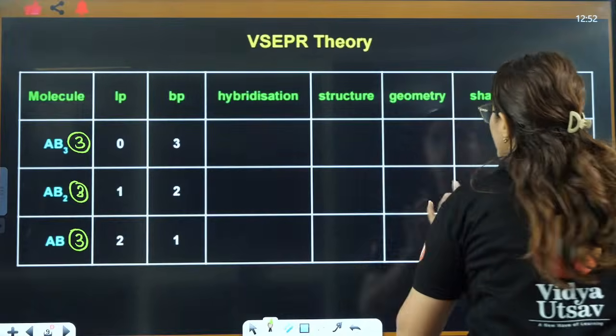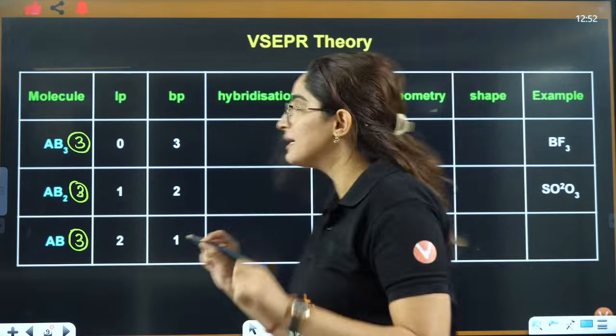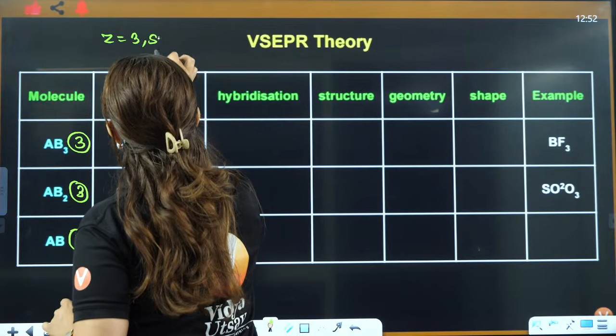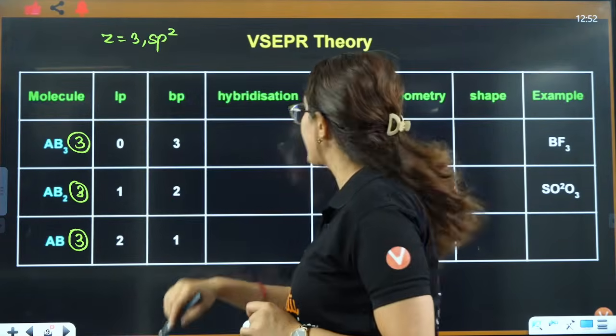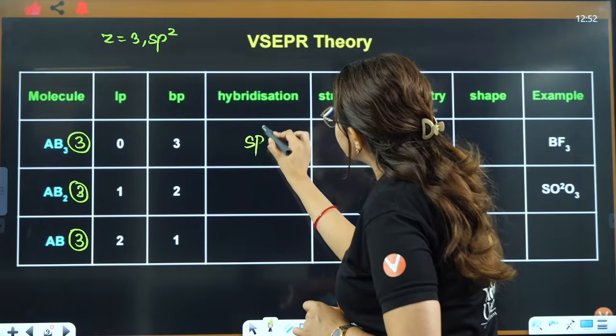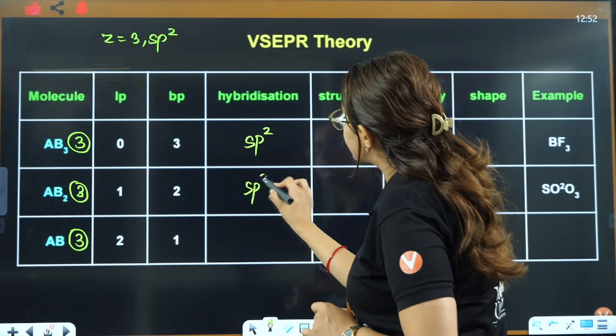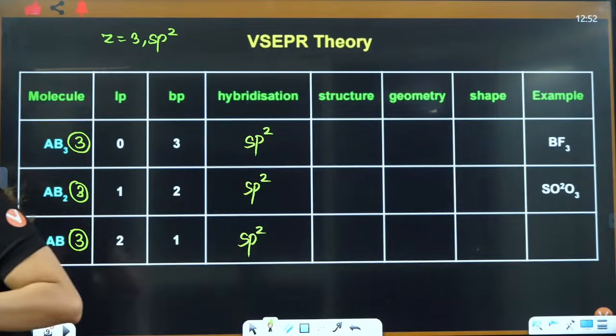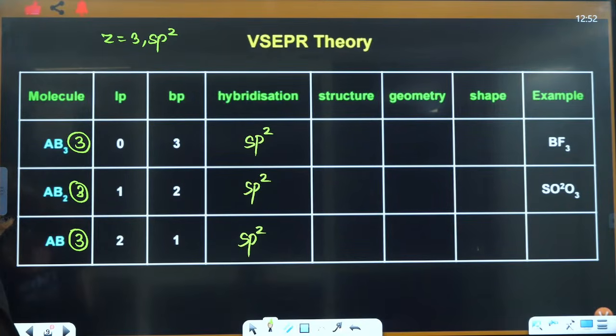Now whenever the steric number Z is equal to 3, it is going to be sp2 hybridization. Whenever the steric number is the same, the hybridization is always the same, that is sp2. Now sp2 hybridization has a geometry which is trigonal planar. Let me draw one trigonal planar structure here.